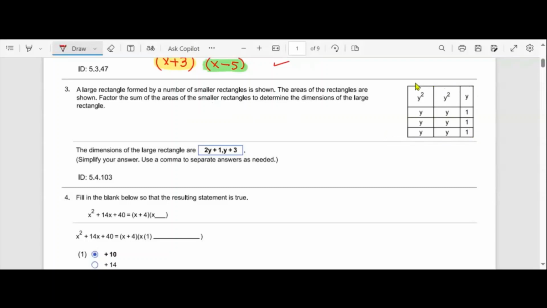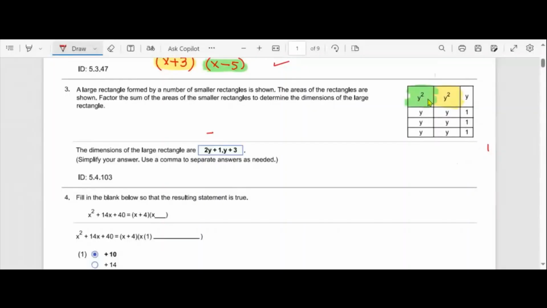So here I have this large rectangle, right? We need to know what is here and here. If the area is y squared, how much is this side? This is y, because if you multiply this y times this y, it gives you y squared.